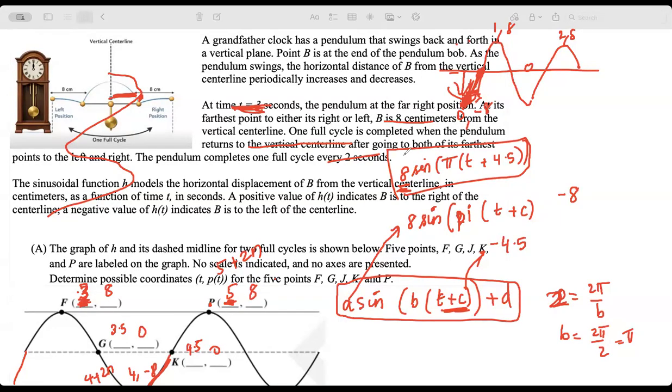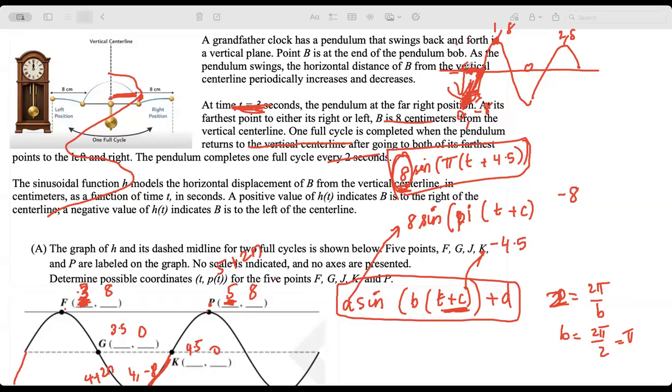Okay, so if you take 8 as the amplitude, let's see where the amplitude 8 is. Okay, here is the amplitude 8. So if it is my sine graph, my 0 is here, but at 0 I want this to be moved to 0.